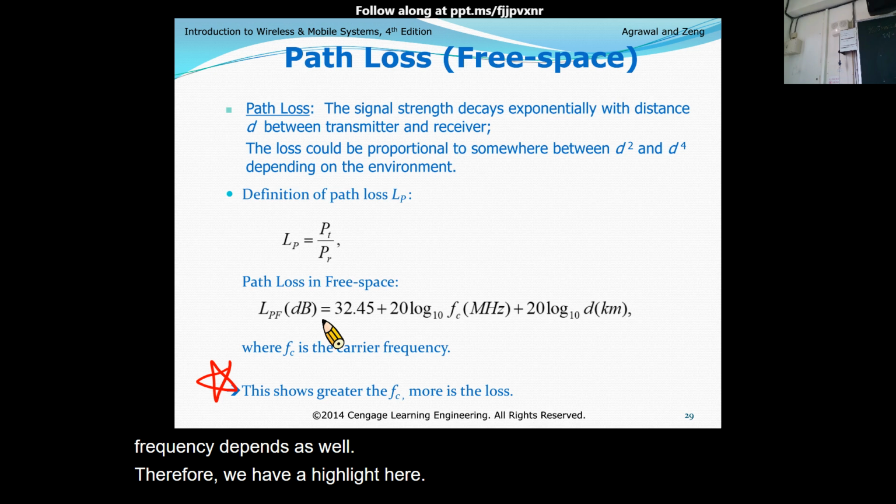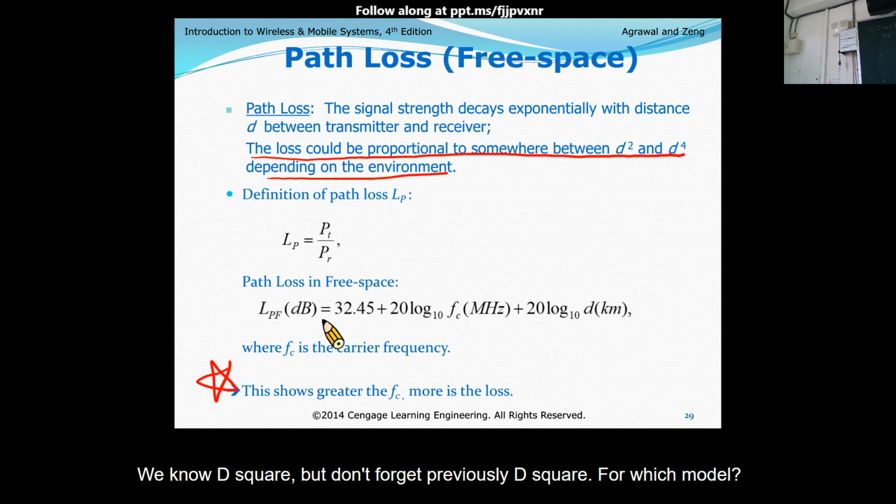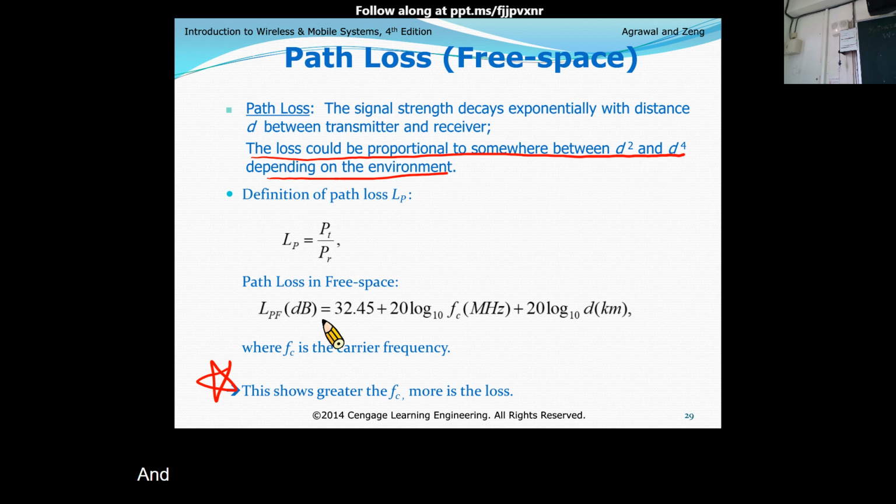And we also mentioned this one. Well, we know d squared, but don't forget, previously d squared was for which model? Free space, right? And right now, if we have communication, for example, in a metropolitan area, or consider a different scenario, maybe a really wide area without any buildings.